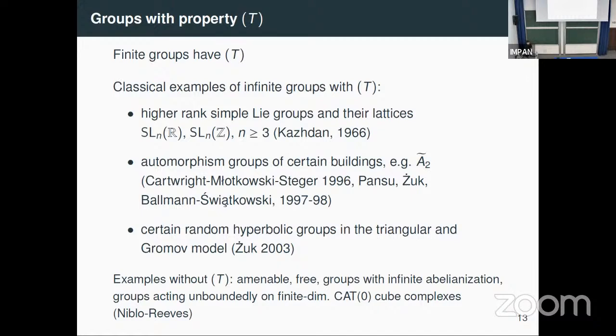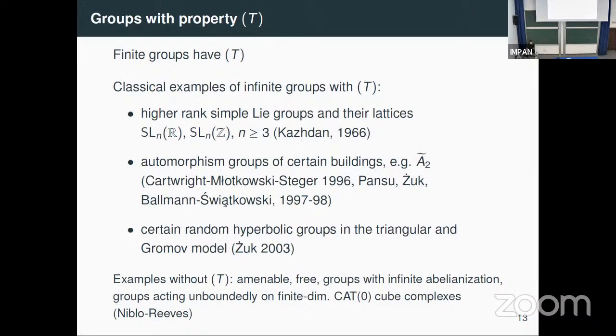And then there are essentially three classes of infinite groups with property T. In a way, property T is a form of compactness for the group in the right setting. So that's why finite groups having it, even though it's trivial, should be seen as some sort of motivation.